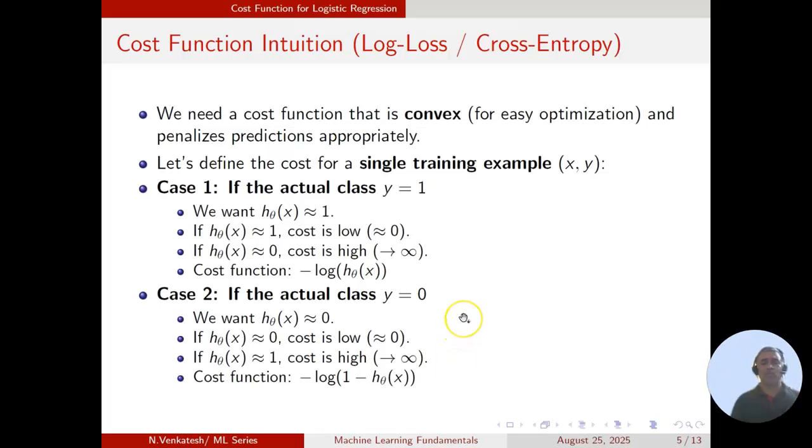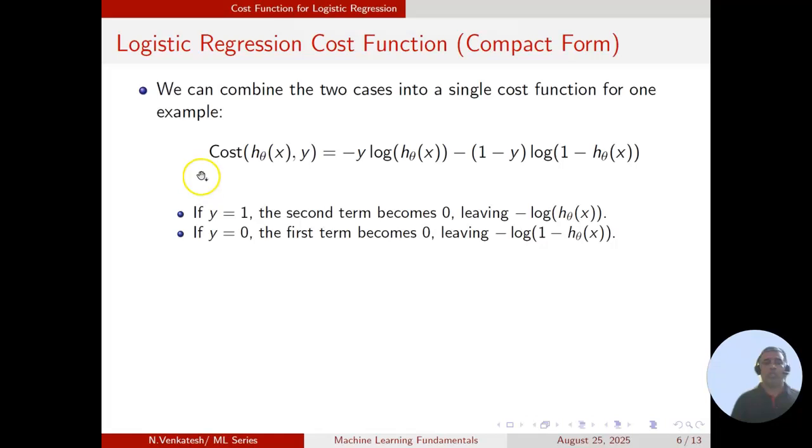Now, by combining these two, we can write the cost function in a compact form. That is what we call the cross entropy cost function. So the cross entropy function is minus y, because when y is 1, we need to use this cost function, minus log of h theta of x. When y is 0, we should use this cost function, that is minus log of 1 minus h theta of x. So by combining those two, here y is the actual output that is required, and h theta of x is the predicted output.